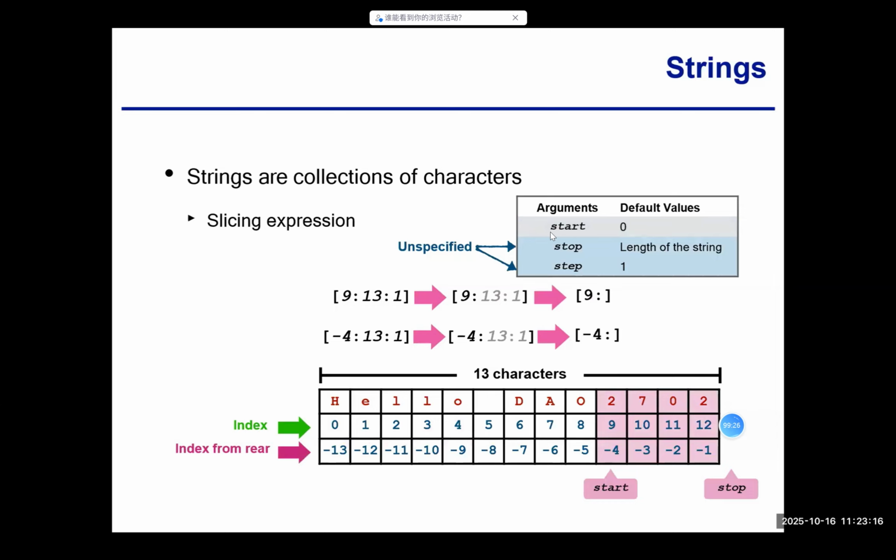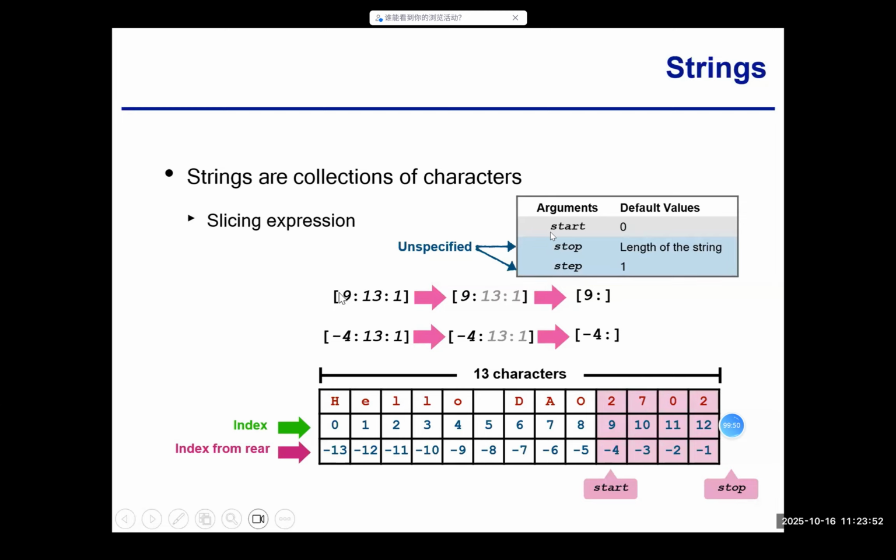To give you more examples for the other exercises, for example, from 9 to 13, step size is 1. 13 is the default. Step size 1 is default. So we can omit them. So it's equivalent to writing a slice of 9 colon. It means you're taking 9 as the starting point, and the other two arguments are empty. Same as before, we are taking the last 4 characters.